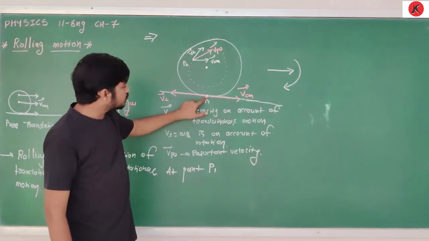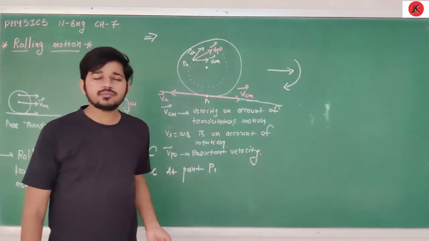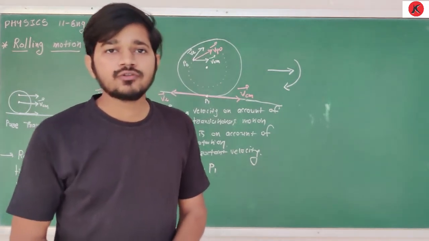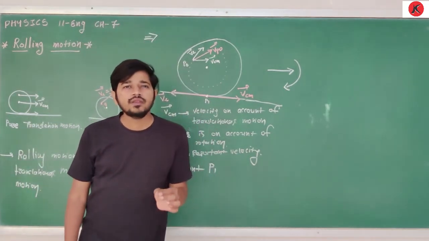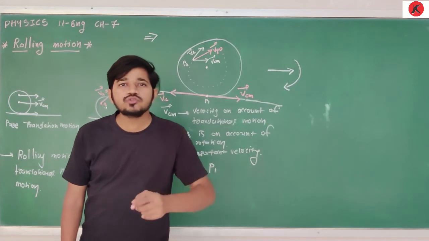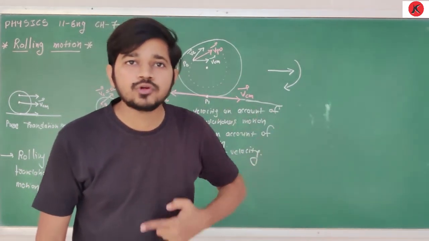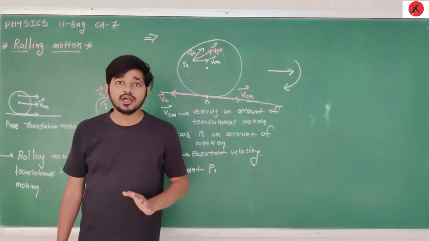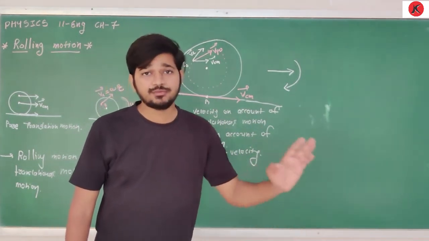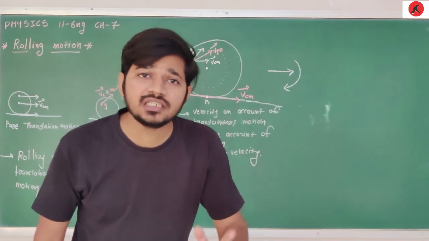Direction opposite, so the resultant velocity of this point P1 will be 0. For a very small time it will come to rest, and due to that it will perform rolling motion without slipping. Otherwise it will slip.